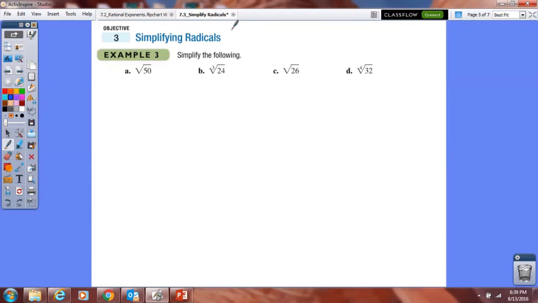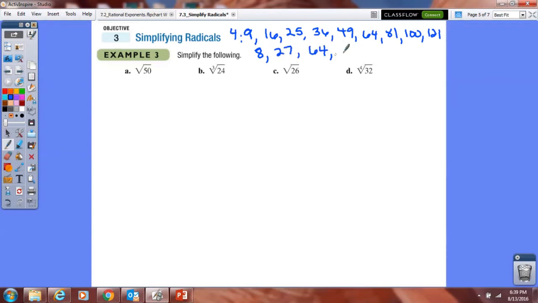Our perfect squares will be 4, 9, 16, 25, 36, 49, 64, 81, 100, 121. If we need to go higher, we can, but that's the first 11. Our perfect cubes, we've got 8, 27, 64, and 125.